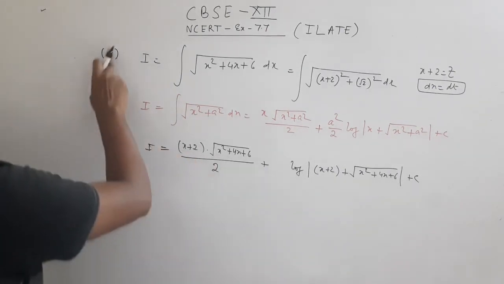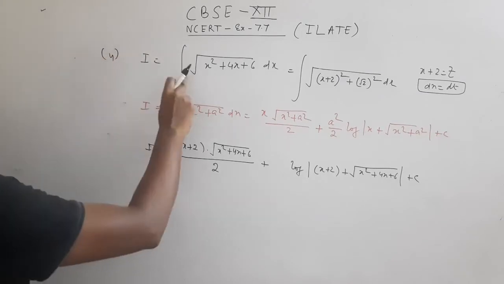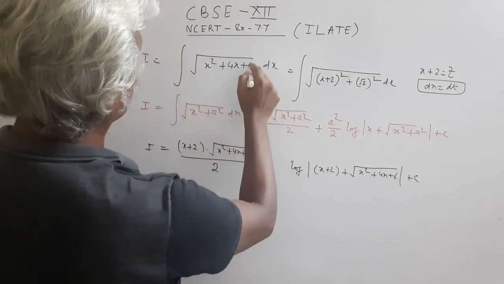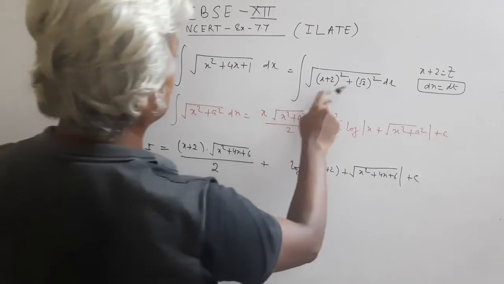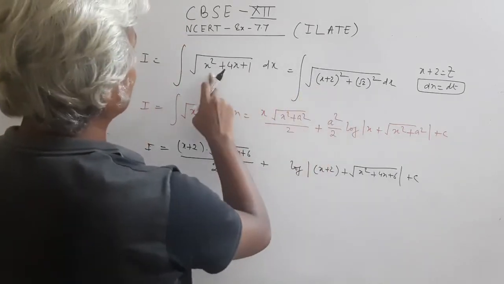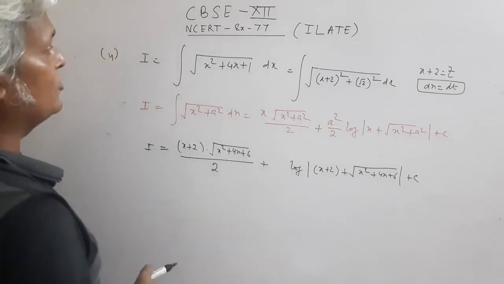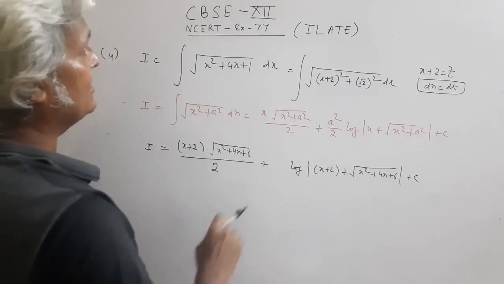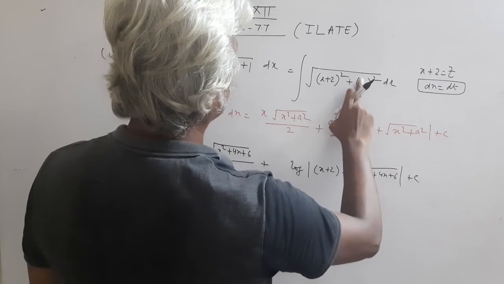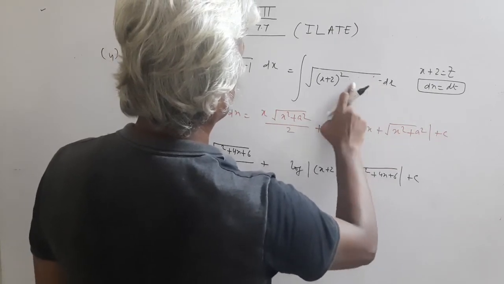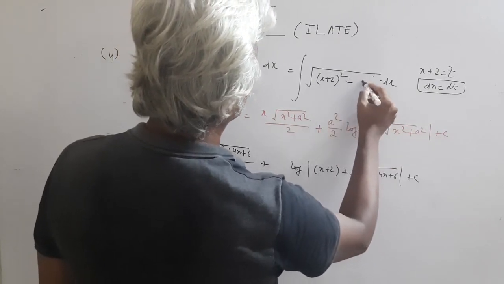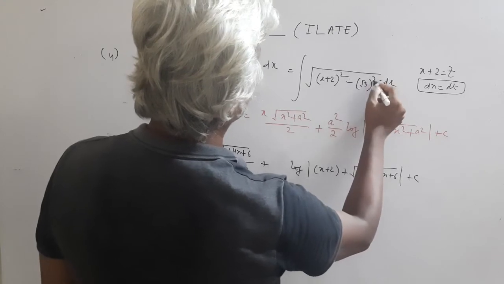So next question is question number 4, and this is x square plus 4x plus 1. Then what happens? You can write x plus 2 whole square, but you have x plus 2 whole square plus 1, and for this only you need x square plus 4x plus 4. It means you need minus 3, that is minus root 3 square.